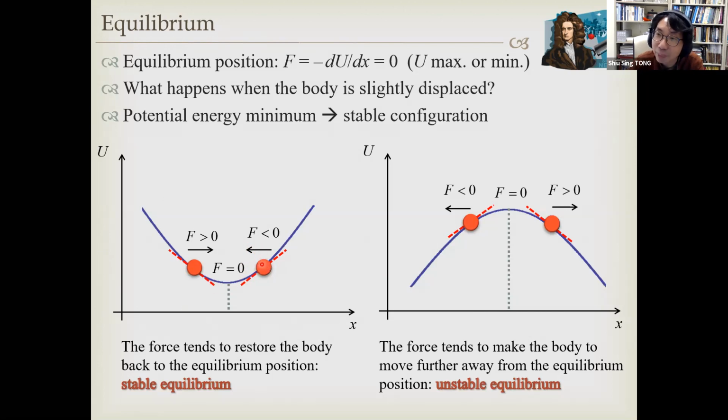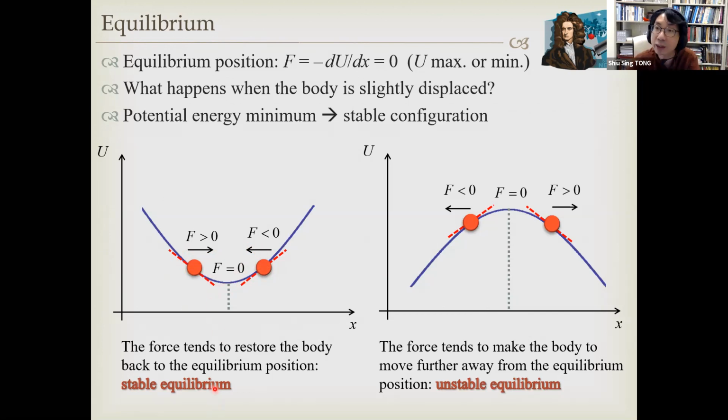It makes my object roll back to this position, right? If I move my object to the left, again, the conservative force points in the direction of decreasing U, so it makes my object roll back again to the equilibrium position.